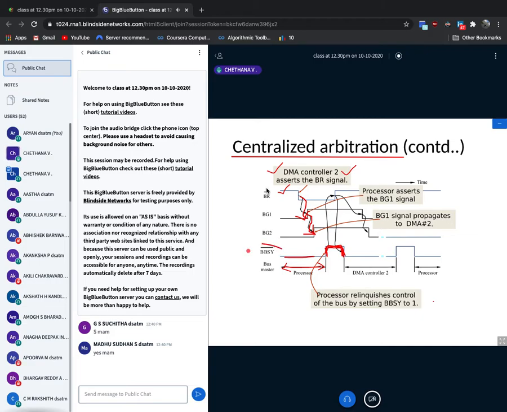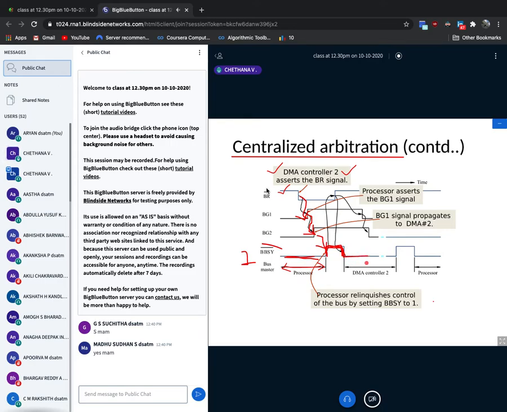Whenever the bus is busy, it is 1. Bus busy equal to 1 means what? Just negate it, which means 0. The 0 state means the bus is said to be busy. Right now it is free. At this time the bus will be granted, so now DMA controller 2 will utilize the bus.